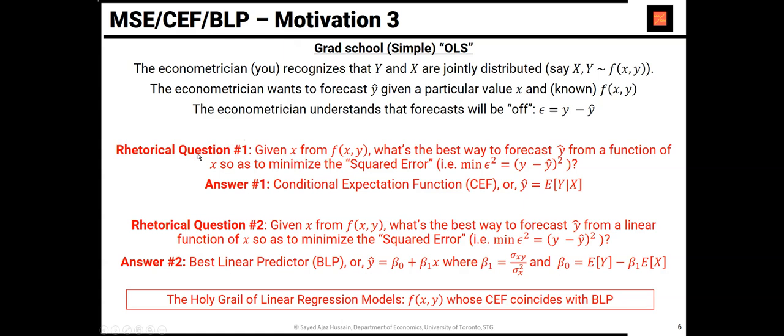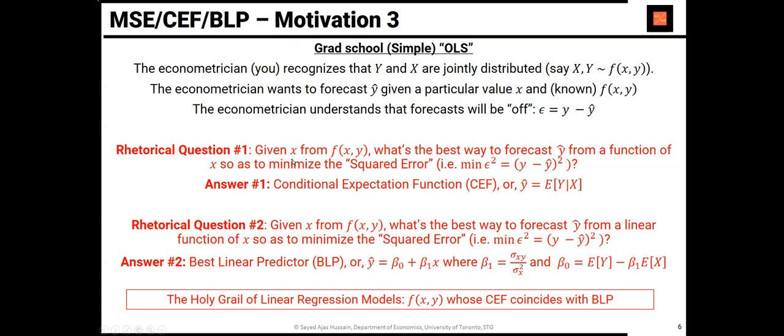Rhetorical question number one. If you give me an x from a known density of x and y, how do I go about forecasting the value of y? And if I'm asked to do so by using a function, an equation of x, which is designed to minimize the squared errors, then what would that function be?